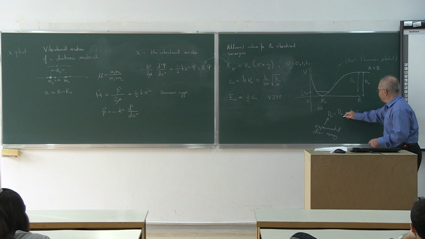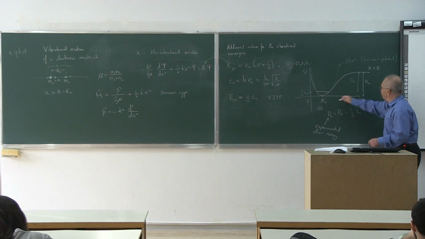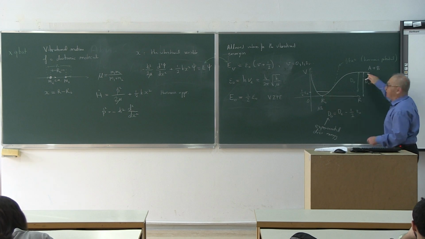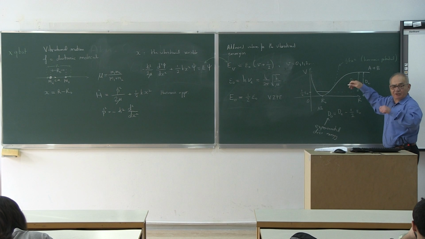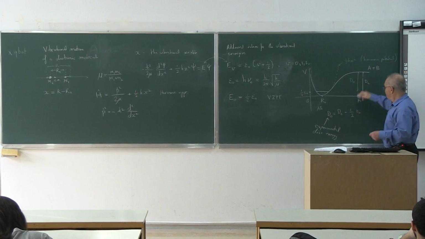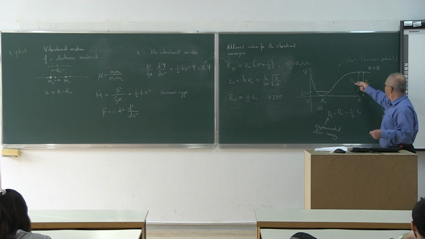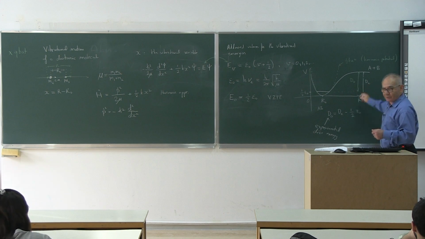This is the electronic dissociation energy, and as you see here, from the minimum of the potential energy curve to the dissociation limit. And clearly, experimental dissociation energy is a number which is smaller than what we called electronic dissociation energy.